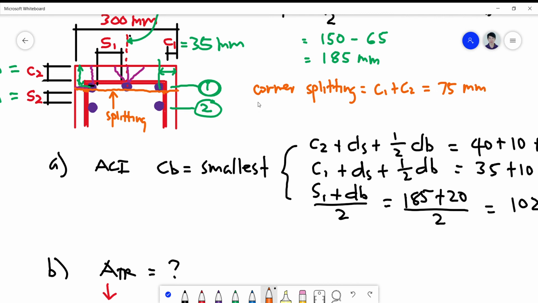Okay, for the intermediate splitting, so this is the intermediate splitting. Okay, so we simply use one crack, and this is simply Cs of 2.